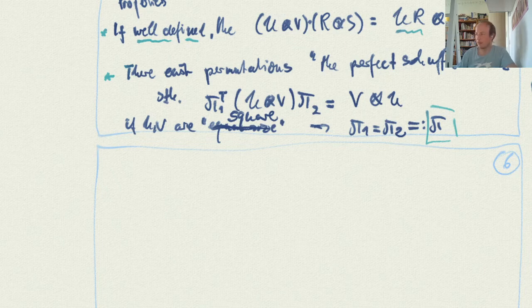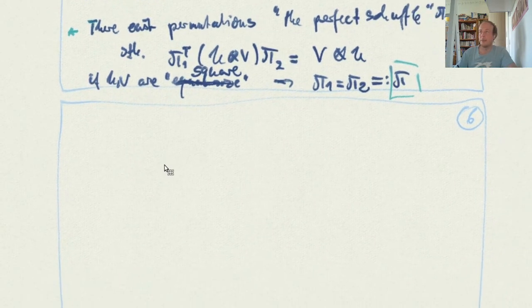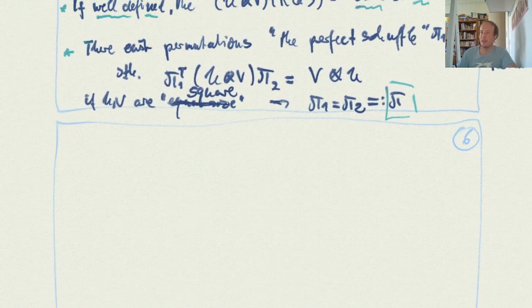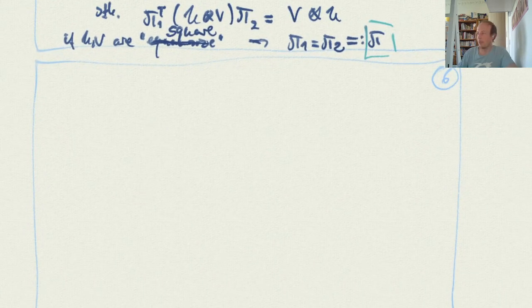I have to fix it in the script, where I also wrote equally sized. If they are square matrices, and that we will use a lot, then there's just one permutation we can use from the left and from the right to make this product commutative.